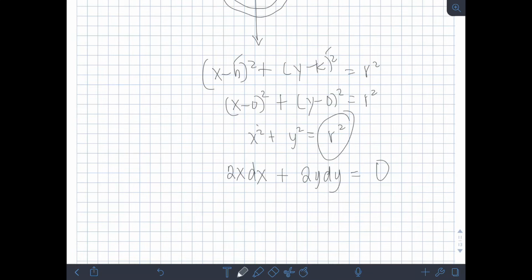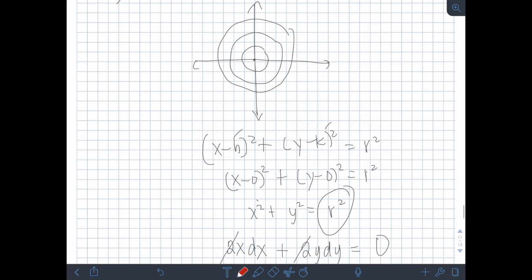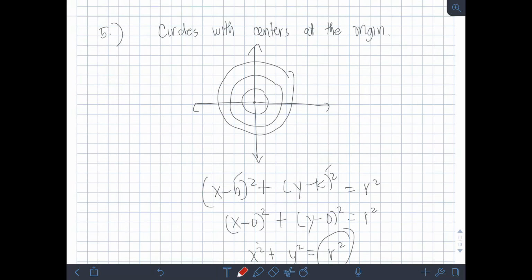Okay, so therefore, ito na yon. Pwede natin i-divide both sides by 2 para makancel lang tong 2. We have x dx plus y dy is equal to 0. So therefore, this is the differential equation of family of curves of circles with center at the origin.